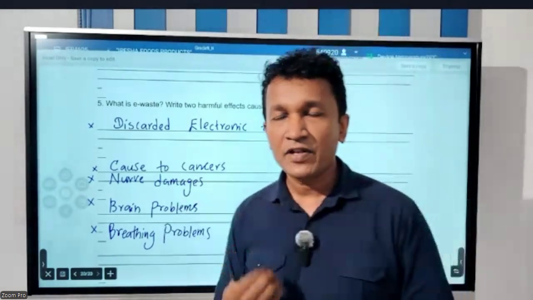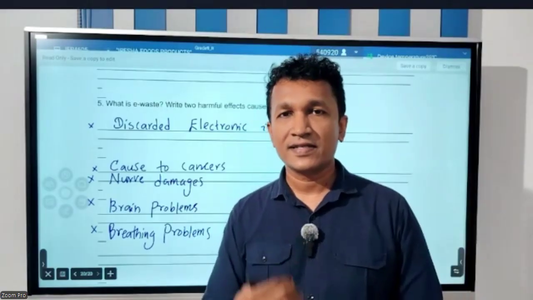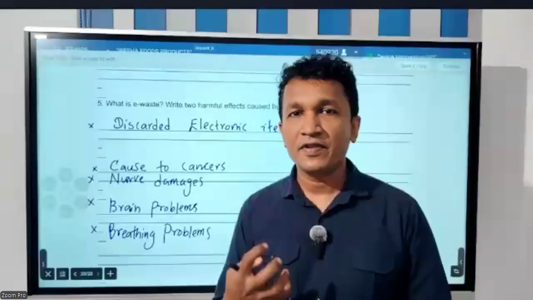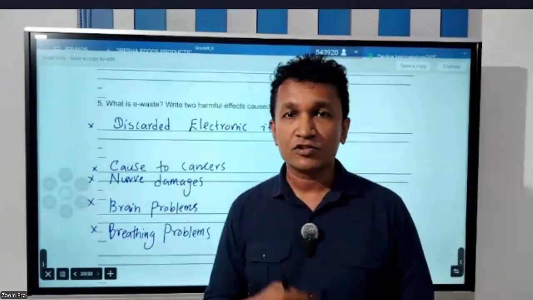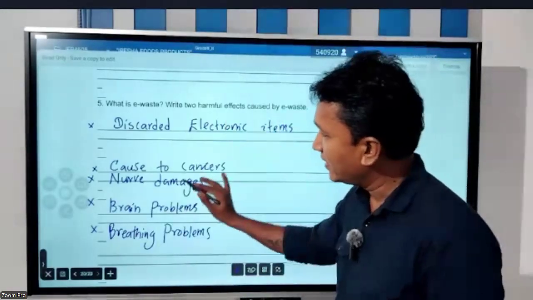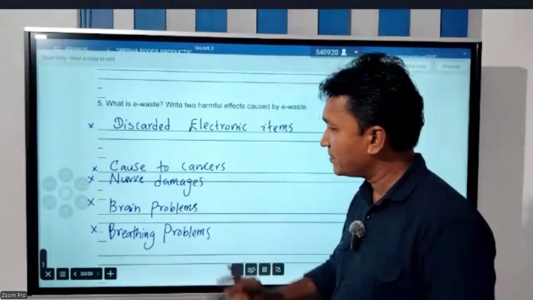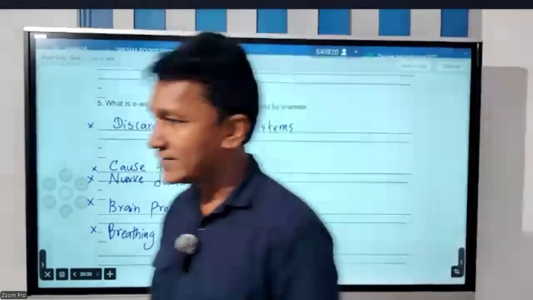That air will go through our body, it will go to our lungs, and then we can have difficulty in breathing. Cancers, nerve damages, brain problems, breathing problems, because of this e-waste.